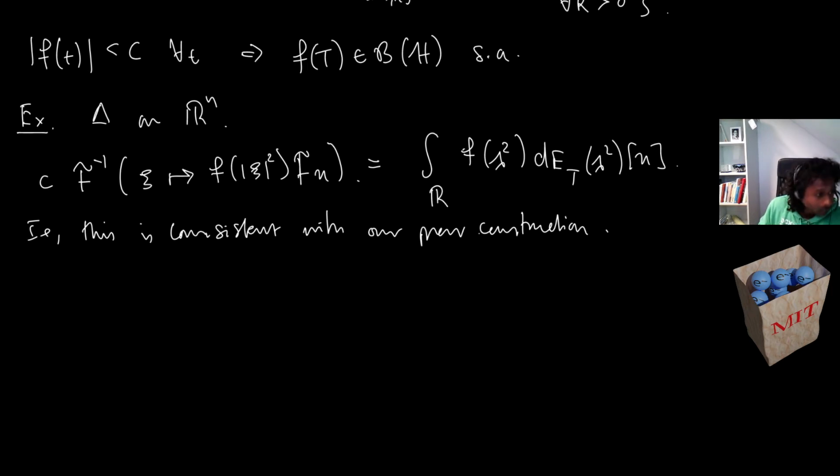So in particular, before we had the k-th power of the Laplacian applied to u, and this is exactly equal to the integral of lambda to the k, d e Laplace lambda of u.